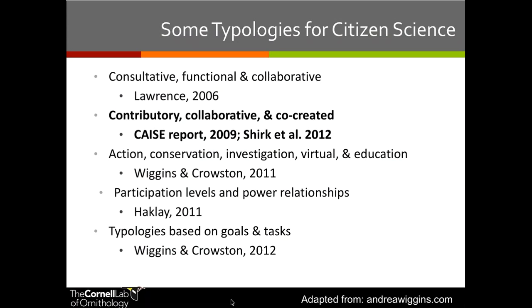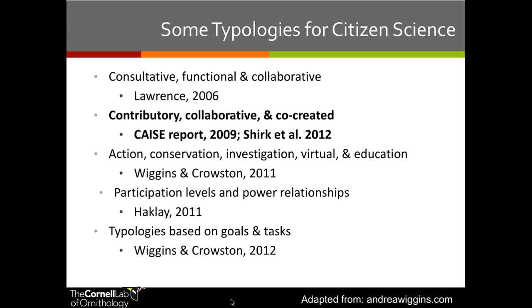Other people have studied citizen science in terms of typologies, so what are the characteristics? And these can also be sliced and diced in many different ways. Participation levels, the functional approach that people use to operationalize the activities that people do, typologies based on goals and tasks.